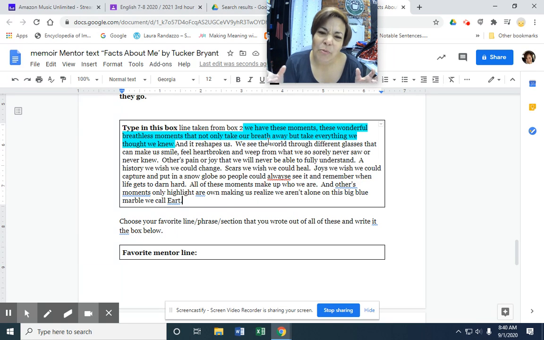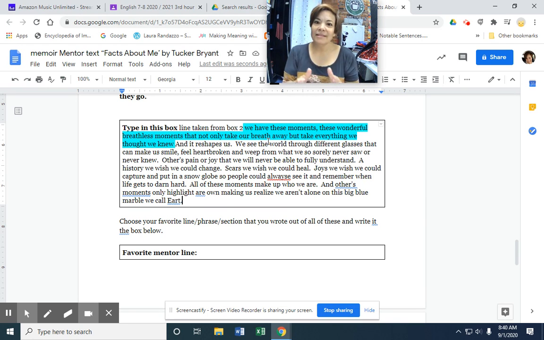A history we wish we could change, scars we wish we could heal, joys we wish we could capture and put in a small snow globe so people could always see it and remember when life gets too darn hard. All of these moments make up who we are, and others' moments only highlight our own, making us realize we aren't alone on this big blue marble we call Earth.